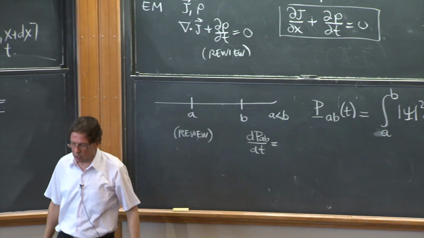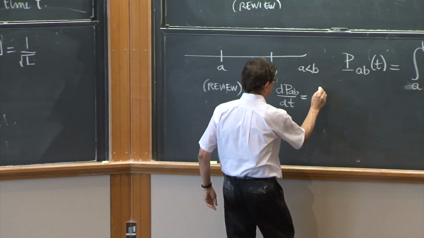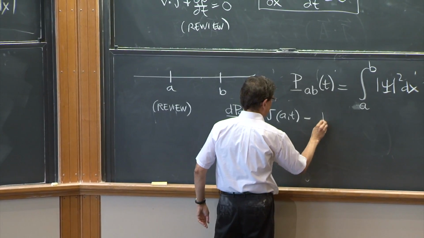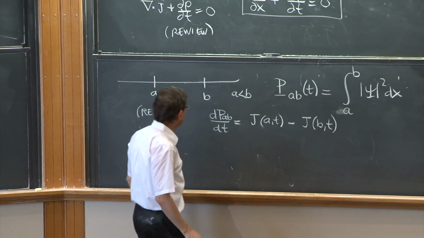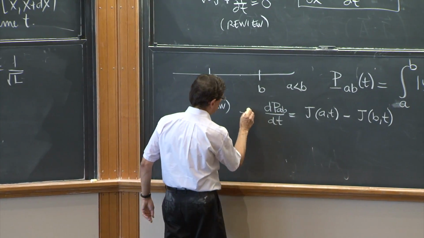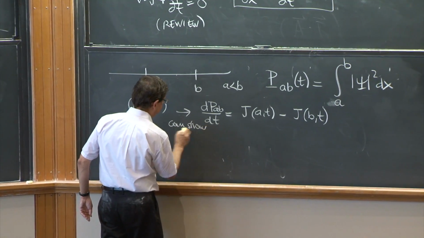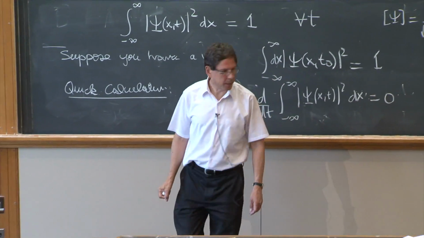So it's actually given by j of A and t minus j of B at time t. You can show. And please try to show it.